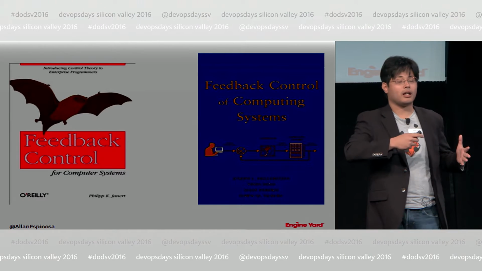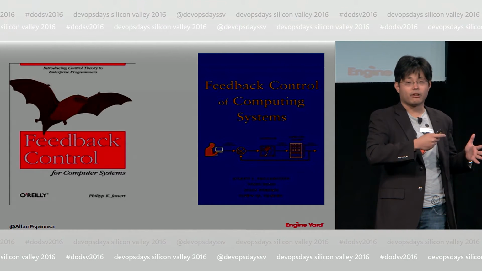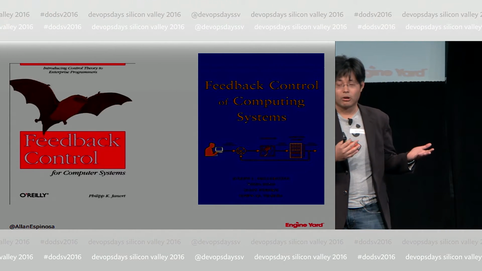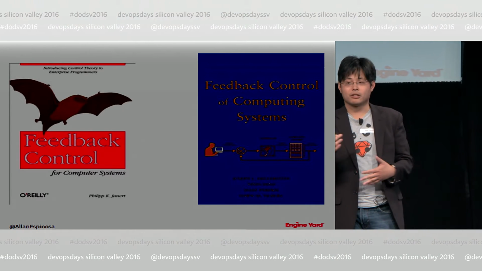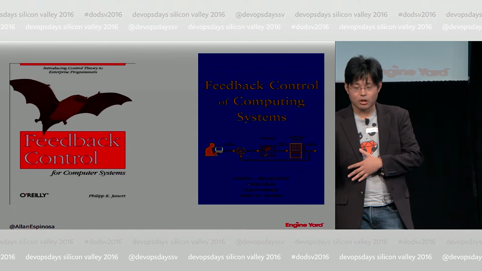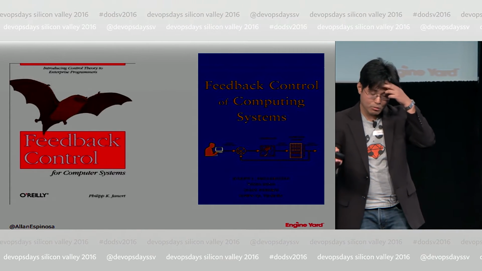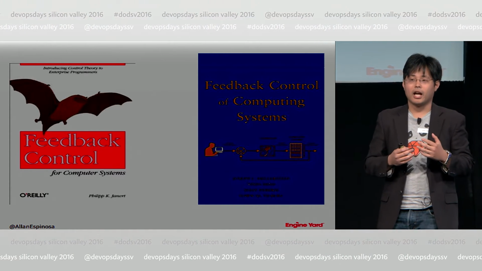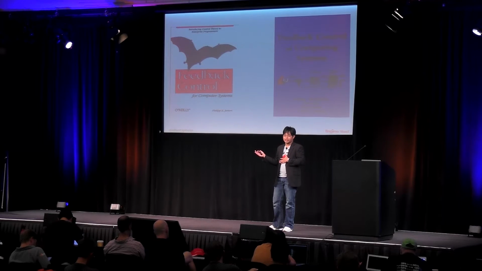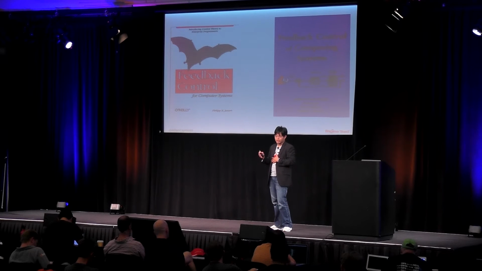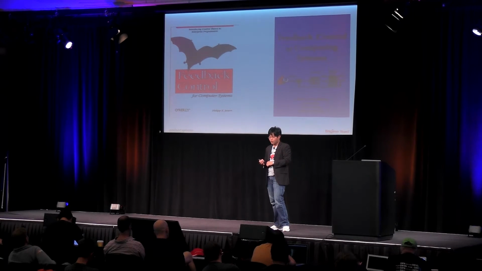So control theory doesn't only work for auto-scaling systems, it also works for getting the correct configuration for your application. In the blue book, they mention how to get the optimal Apache MaxClients setting to improve CPU utilization and memory usage and all that.